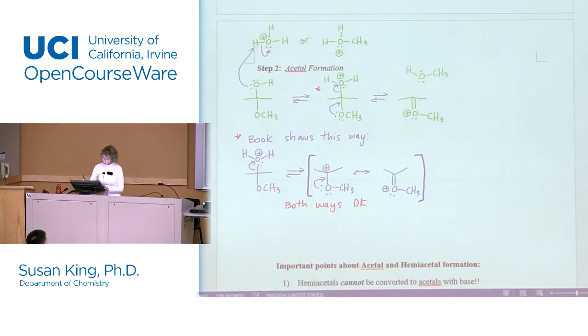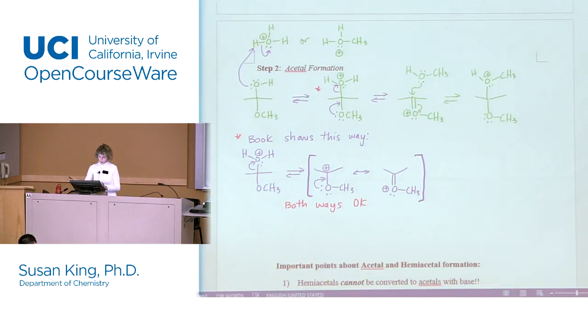So we're replacing a methoxy group with a hydroxy group, but we're not doing it by an SN2 reaction. As you can see, we are one step away from a hemiacetal. What do we have to do? What's our last step?